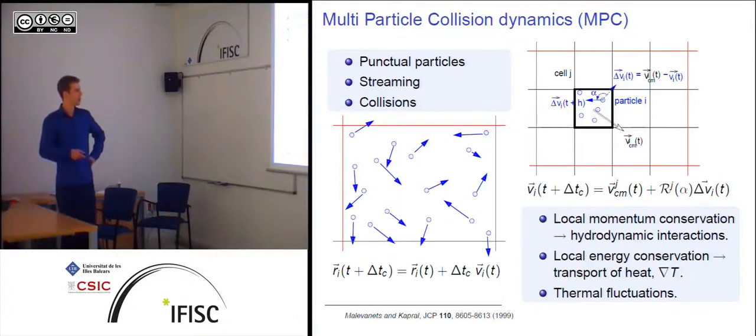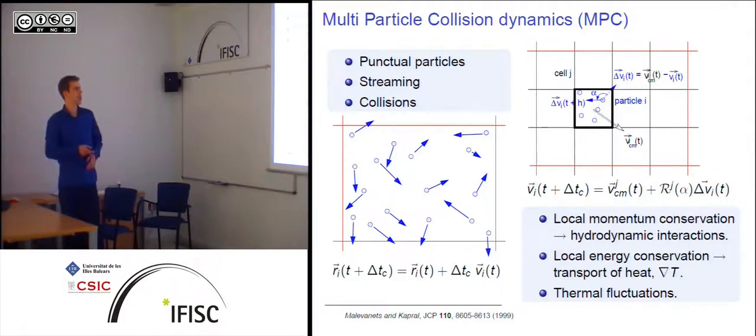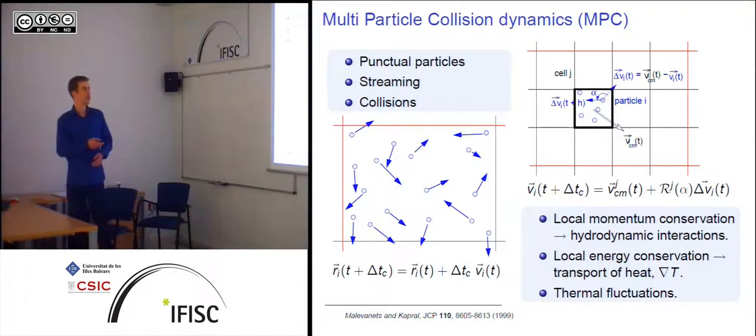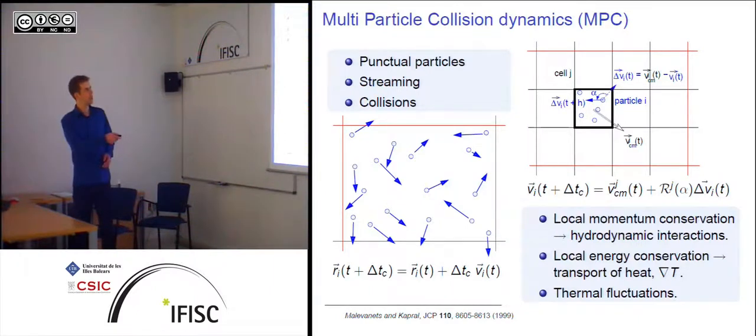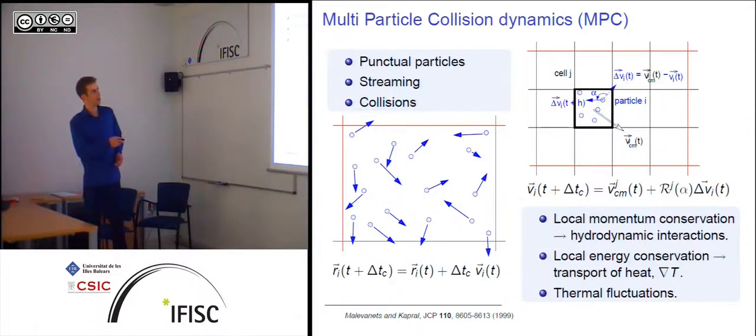Collision time delta t. So this is the time between subsequent collisions. And in order to interchange momentum between the particles, you sort them into cells, and in each of the cells there happens the interchange of momentum by rotating the relative velocities of the individual particles with respect to the center of mass velocity of the whole cell.